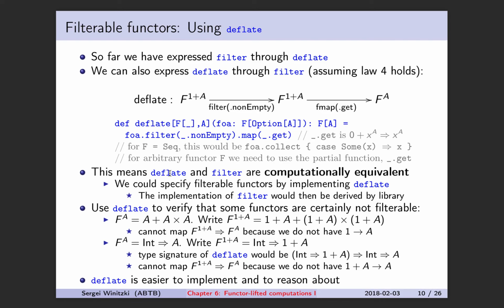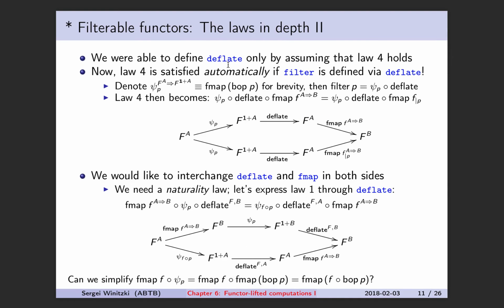I explain that deflate and filter are computationally equivalent. In other words, one is defined through the other, and these definitions are equivalent. Deflate is actually much easier to reason about because its type signature is much simpler. The interesting thing about deflate is that if filter is defined via deflate, law 4 is satisfied automatically.